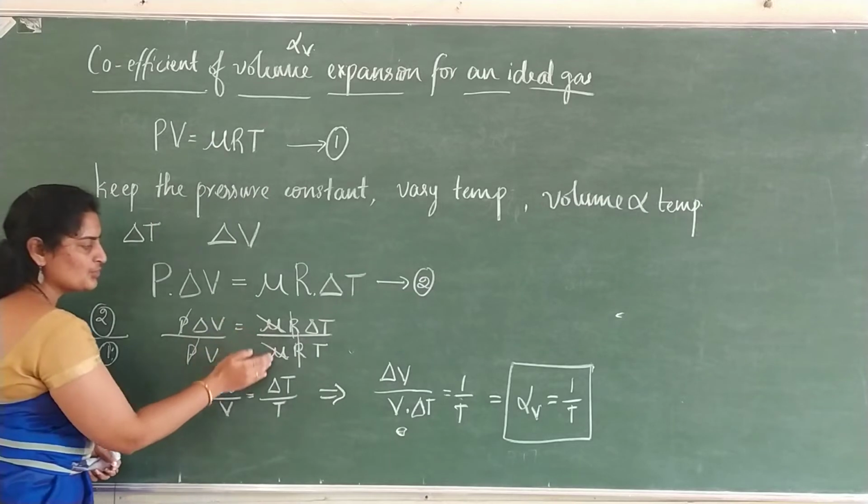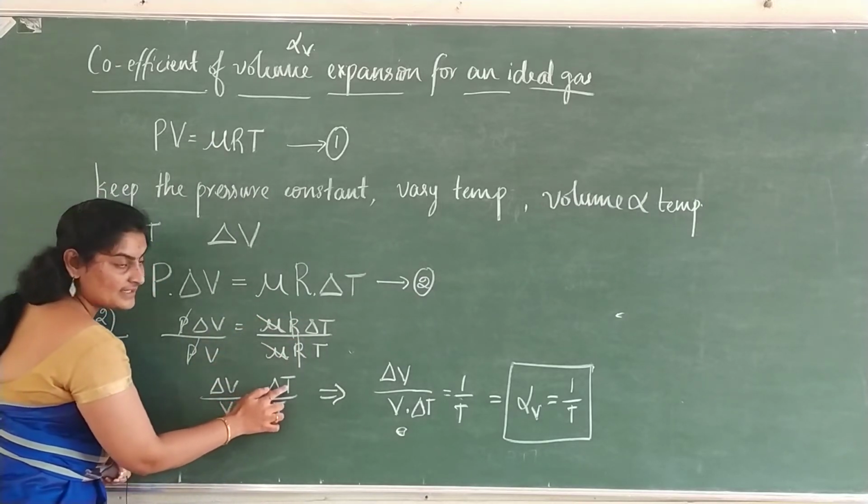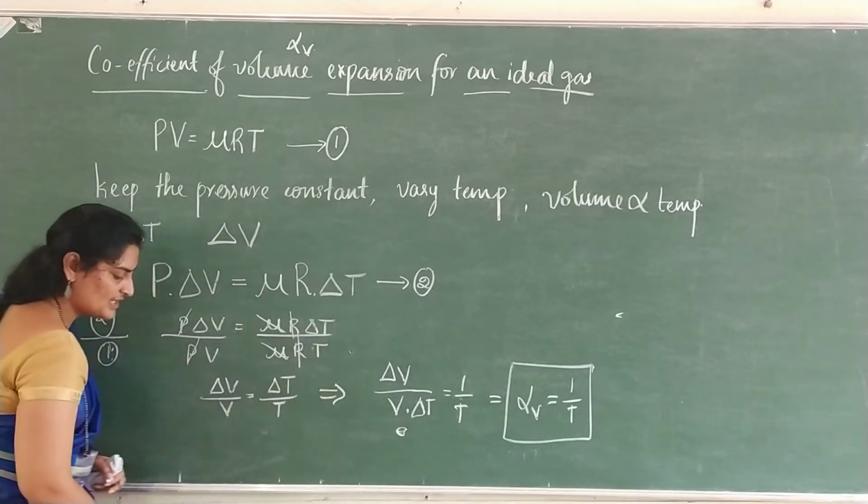P cancels, mu cancels, R cancels. Delta V by V is equal to delta T by T, right? Bring this delta T to the denominator.